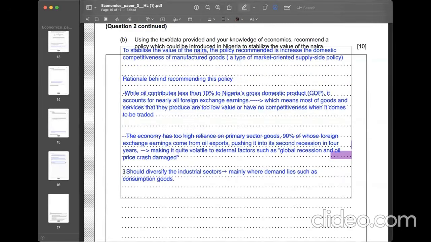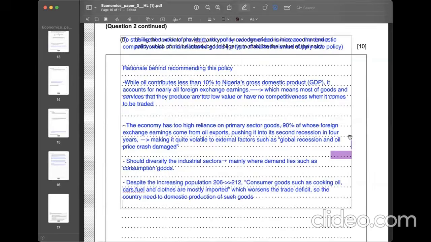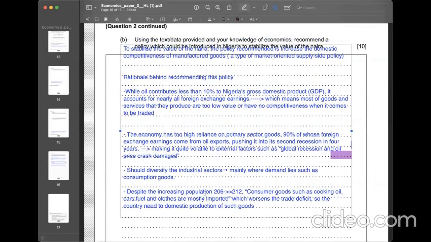Okay, with the same logic, I want to recommend the government to diversify the industrial sectors, especially where current demand lies. Considering the fact that the population is increasing from 206 to 212, consumer goods such as cooking oil, cars, fuels, all these necessary products are being imported, which means it has to make more domestic consumables.